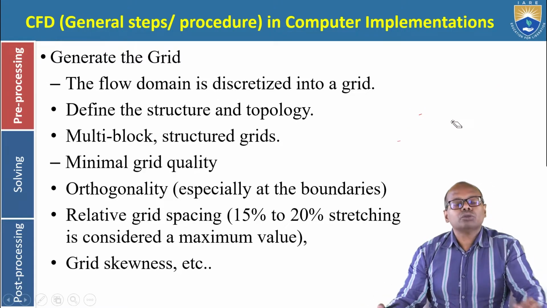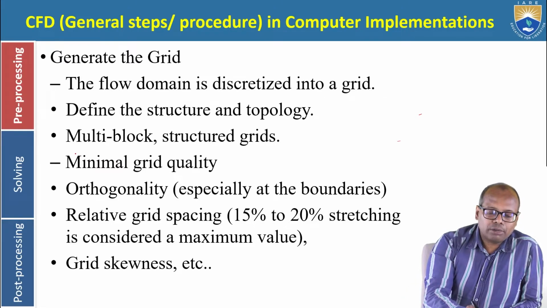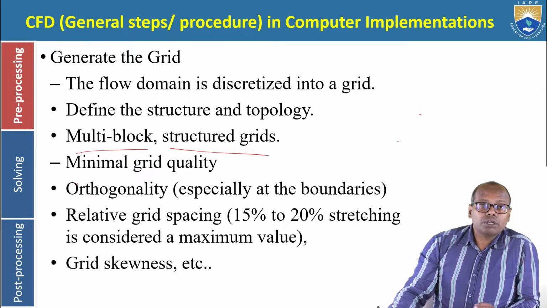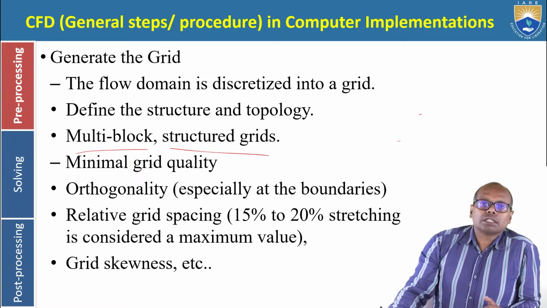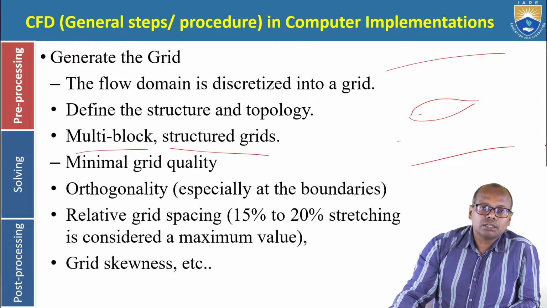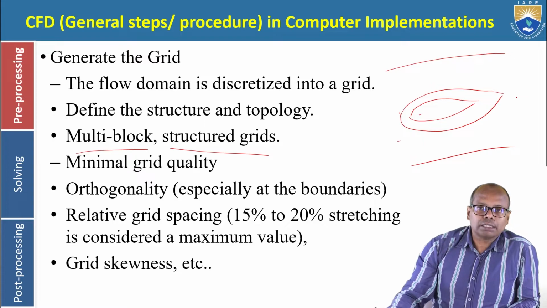So we have to do that grid. So how to do this? There are techniques called multi-blocking structured grid. So what do we mean by multi-blocking structured grids? Suppose one aerofoil is there, and the domain is like this. So what I can do is break it into a number of blocks like this.